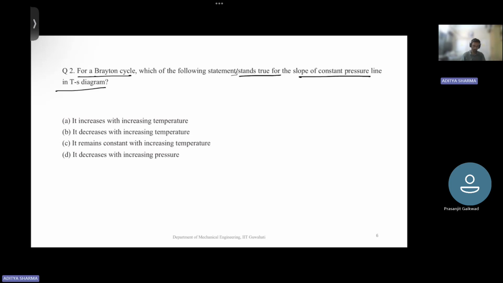So this talks about your slope of constant pressure line.